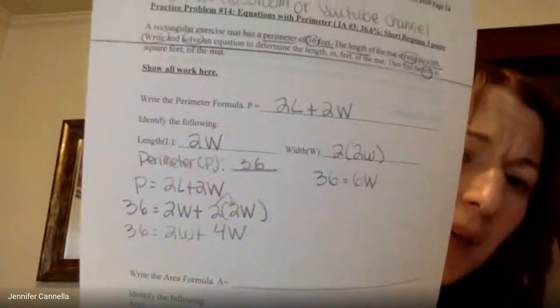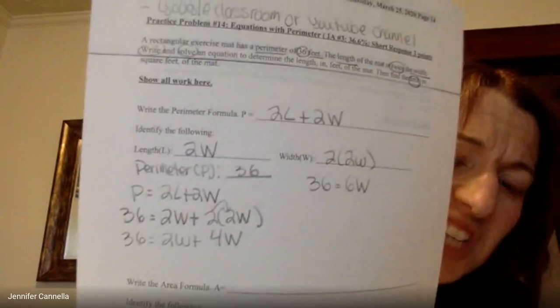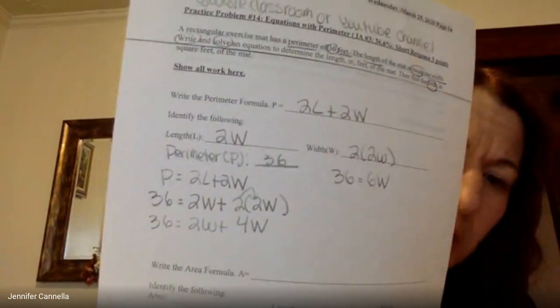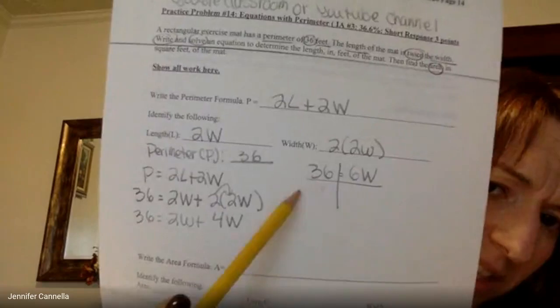Now I'm going to use the wall method to figure out 6 times what is equal to 36. I'm going to make my horizontal and vertical line. The opposite or inverse operation of multiplication is division here. So I'm going to divide by 6 on both sides. And I'm going to get my width to be 6.